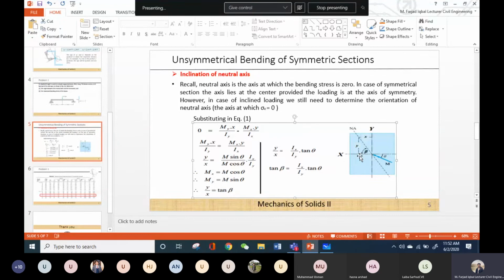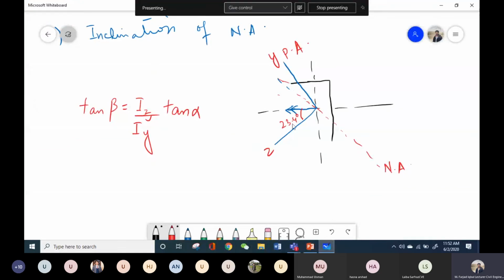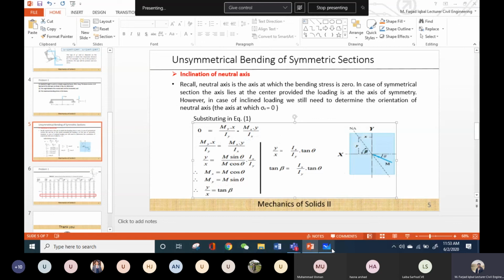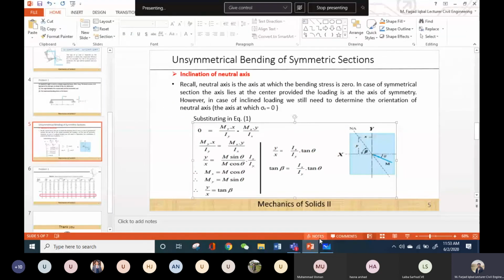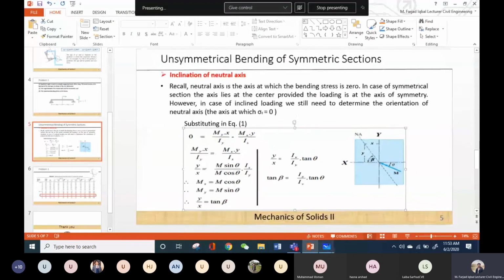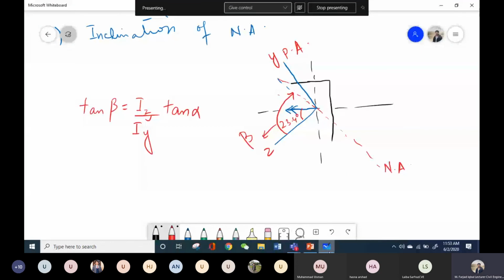Now you have to look at it carefully, that this horizontal axis is basically the principal axis. So in this unsymmetrical section, our horizontal axis is basically the inclined axis. So in our case, the angle beta will be this angle from this inclined horizontal axis towards the neutral axis. And from this figure, you can see that this angle theta, which I have shown as angle alpha over here, I can name it as theta.